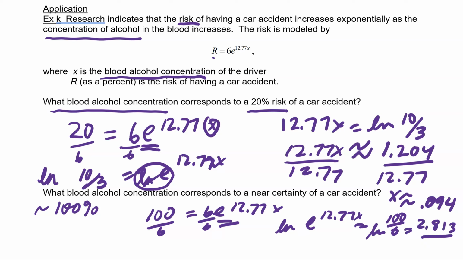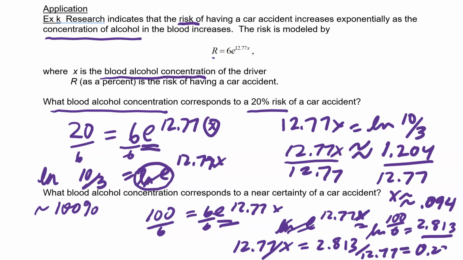And from here we want to again isolate that x, so the natural log and the e will cancel, and we get 12.77x is equal to this decimal 2.813, and dividing both sides by the 12.77, we are going to end up with about 0.22.